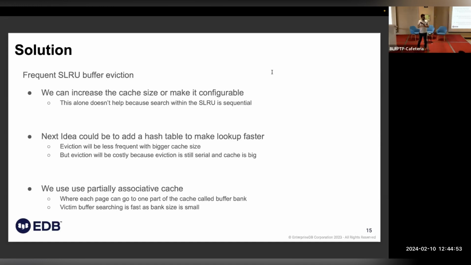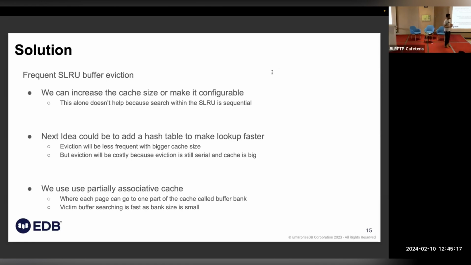It works, but it has certain other problems: searching is faster because of the hash, but victim buffer eviction is still a slow process because you need to find the least recently used one again sequentially. So that also doesn't solve the problem completely, although it helped a lot. That was my first approach, where we implemented this.